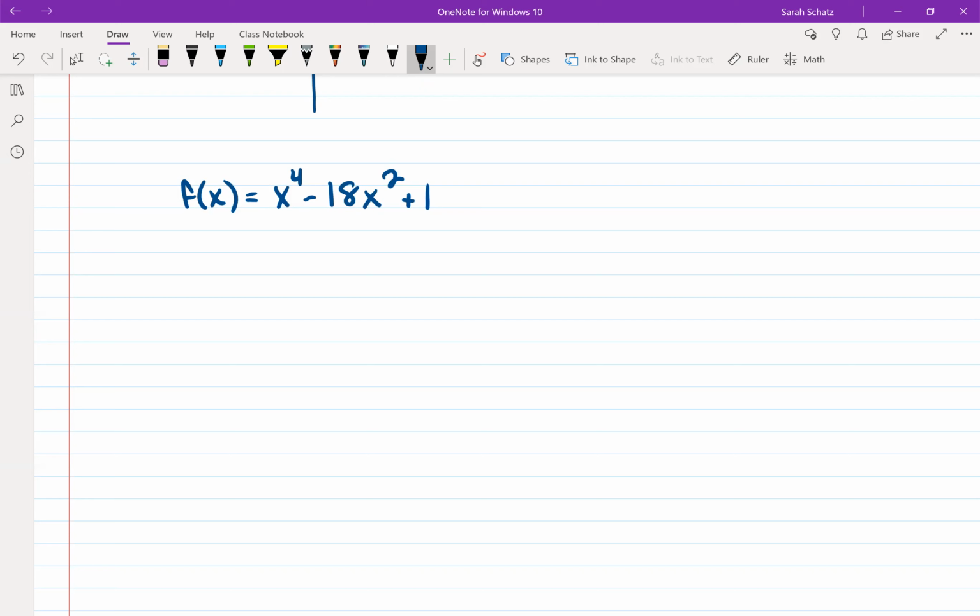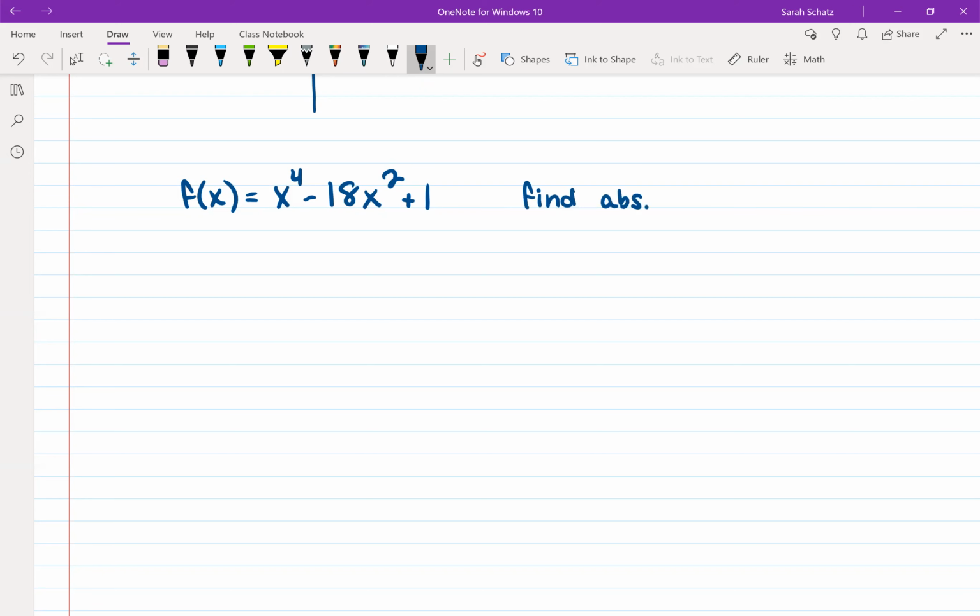And I want to find the absolute max and min on a certain interval. So I want to go on the interval from -4 to +4.